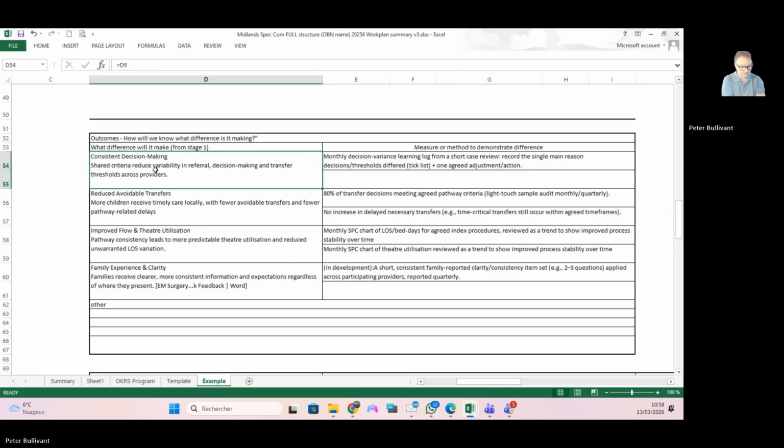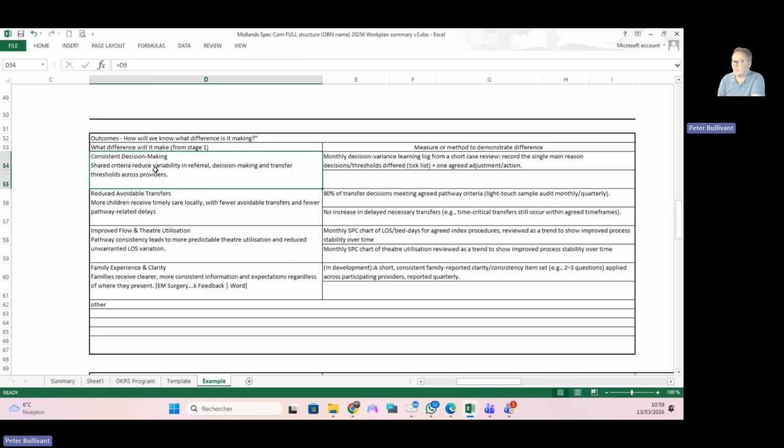And we've looked above at the outputs. So they're the things you can control. That's what we're going to do, and that's what we're going to produce. The connection between the outputs and the outcomes, because of the complexity, is not always linear, and it's not always a straight line. There are other elements and unintended consequences and things that, with the greatest planning in the world, sometimes the outputs don't lead to the outcomes.